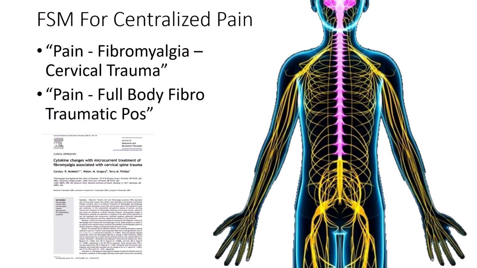In the first video of this series on FSM and pain, I talked about a research study entitled Cytokine Changes with Microcurrent Treatment of Fibromyalgia Associated with Cervical Spine Trauma. In the study, patients were treated with FSM using a particular protocol for the spinal cord. The researchers took blood samples from some of the patients both before and after a series of FSM treatments with this protocol.